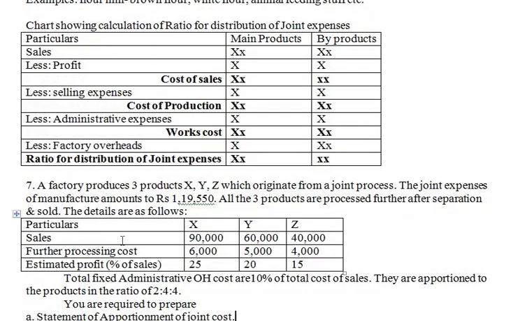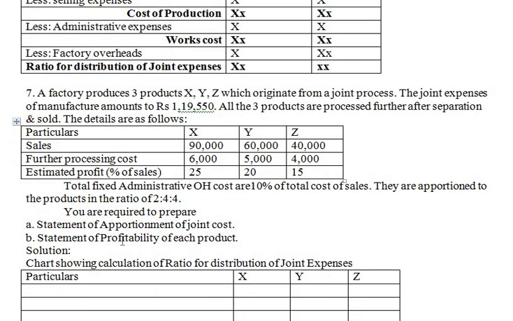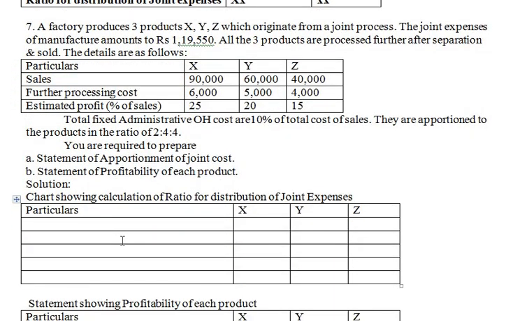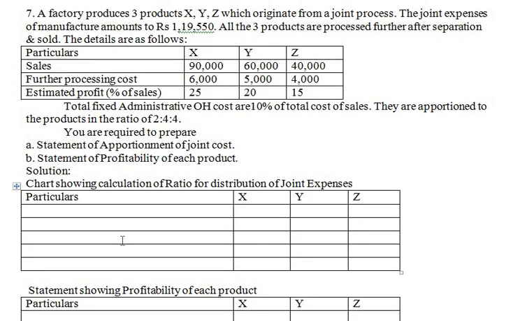A factory produces three products X, Y and Z, which originate from joint products. The joint expenses of manufacture amount to rupees 1,19,550.